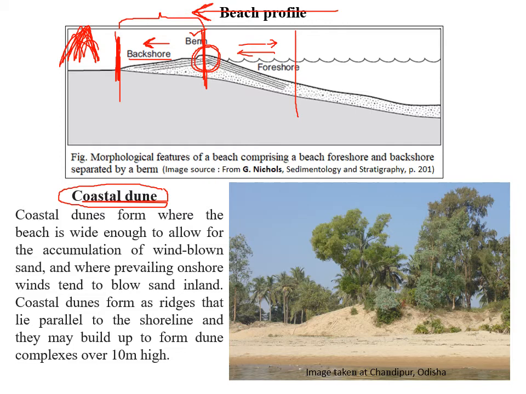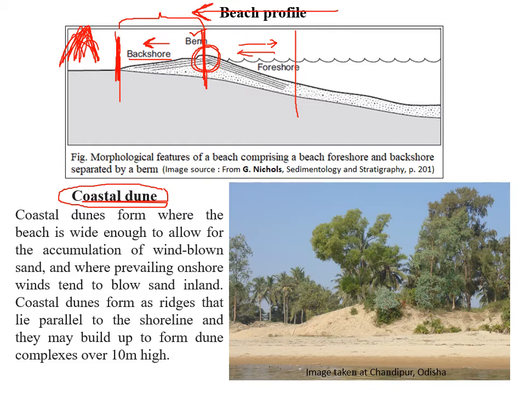That means it allows the accumulation of windblown sand, where prevailing onshore winds are dominant, and they push the backshore dry sand to the inland part and form these kinds of highly raised landforms, which are often 10-meter high, and often they form complexes. So these are called dunes.